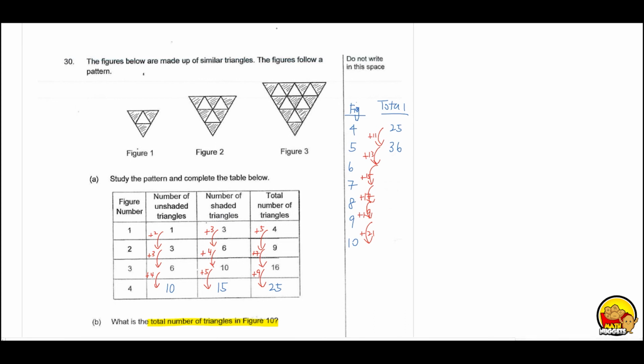Now 36 plus 13, you will get 49. Then you plus 15 again, you would get 64. 64 plus 17, you will get 81. 81 plus 19, you will get 100. And 100 plus 21, you will get 121. That will be your answer for the total number of triangles in figure 10.